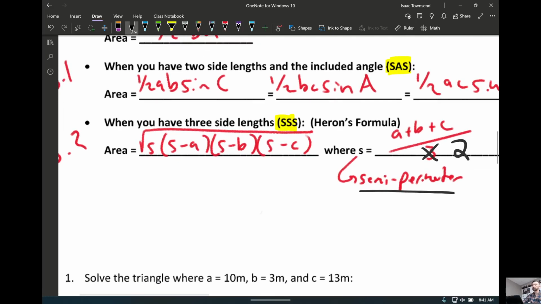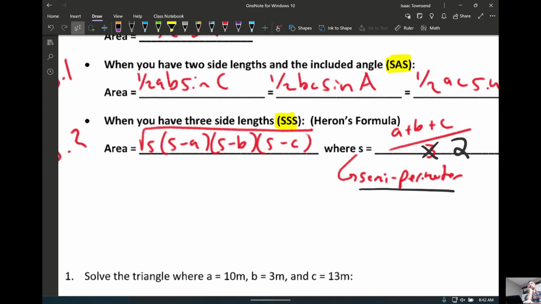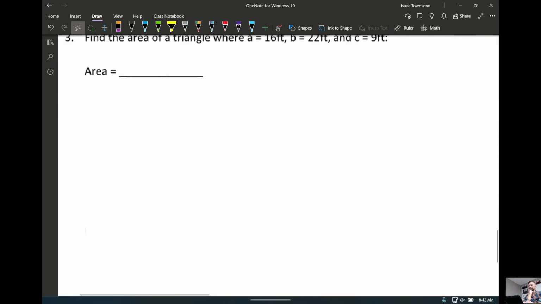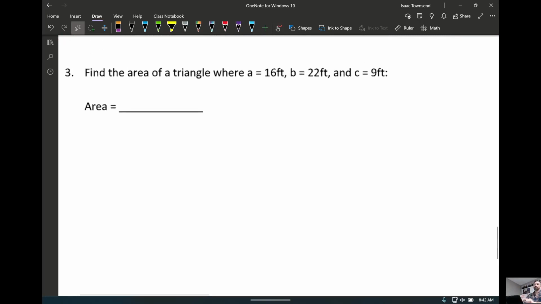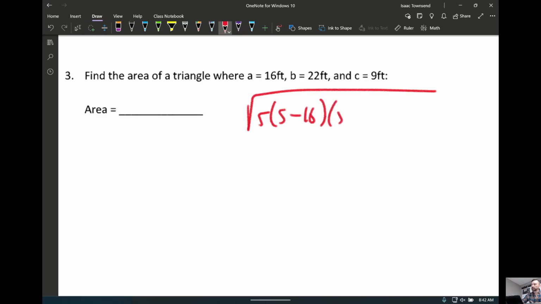Okay, so let's actually skip to the question that asked us to practice on the back page so we can discuss that, and then we can backtrack and do the other two. Okay, question 3. Find the area of this triangle where one length is 16 feet, one length is 22 feet, and one length is 9 feet. So Heron's formula says I'm going to do s times s minus one length times s minus the second length times s minus the third length.